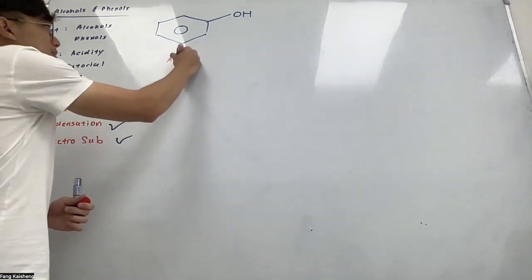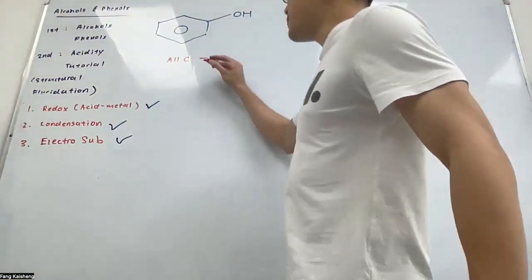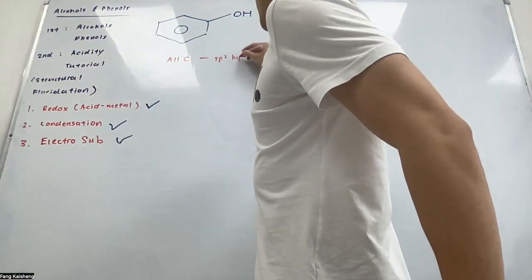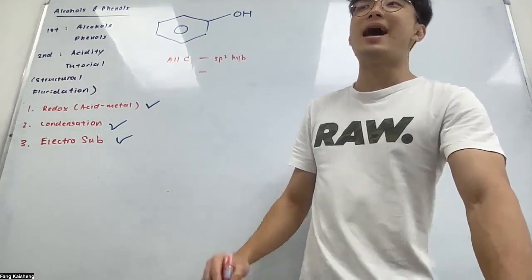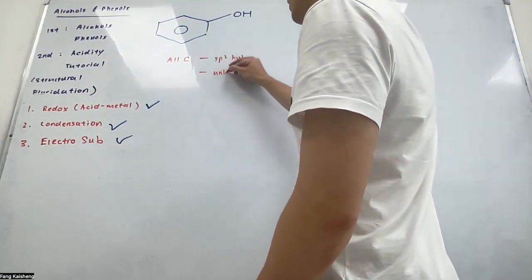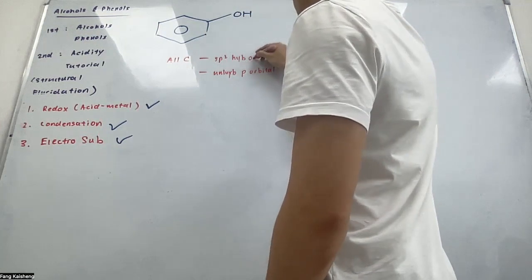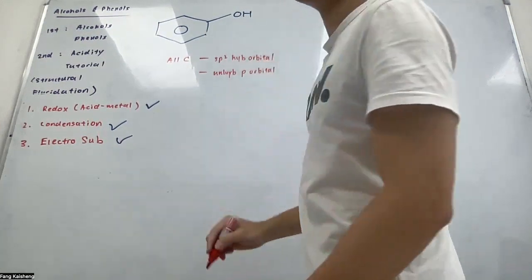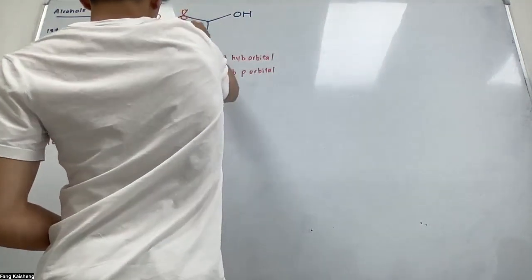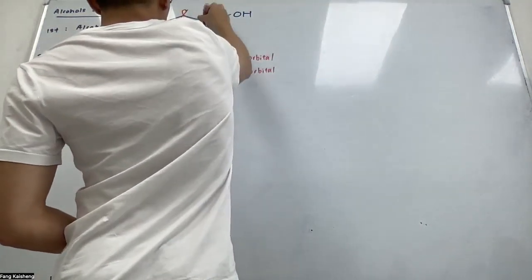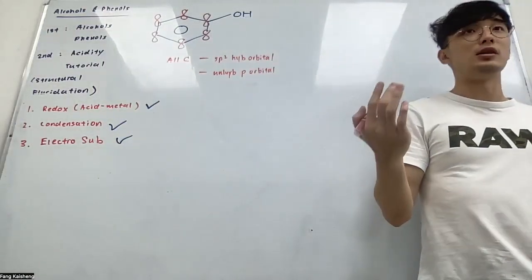All the carbon atoms. What hybridization? sp2. If they are all sp2 hybridized, it means they also all have an unhybridized p orbital. If all of them have a p orbital, let's draw this in, a p on all of them. What would they do since they're all side by side?